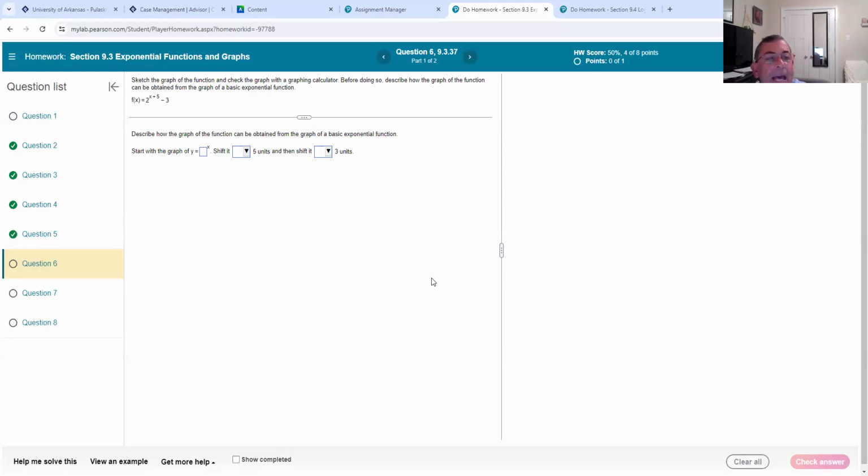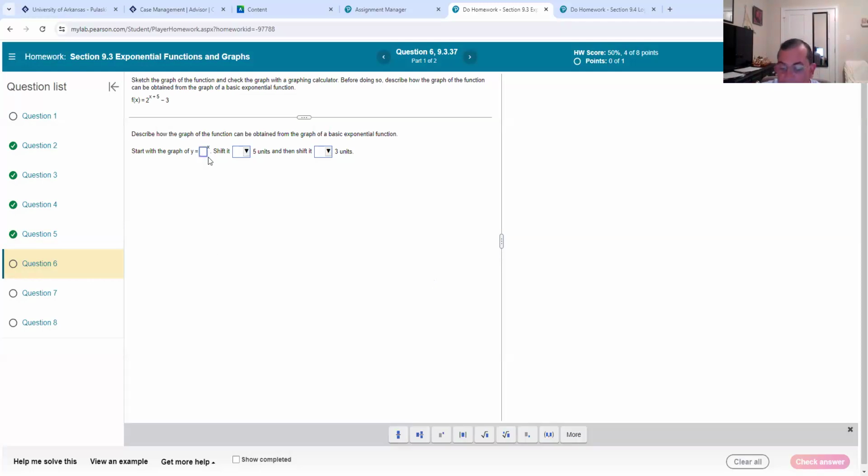All right, so y'all, this is the last one. And all we got to do is describe what's happening. So we're going to start with the graph of y equals 2 to the x. Now that 5 is being added to the x. And we said if you added to the exponent and it was positive, you're going to move left 5 units.